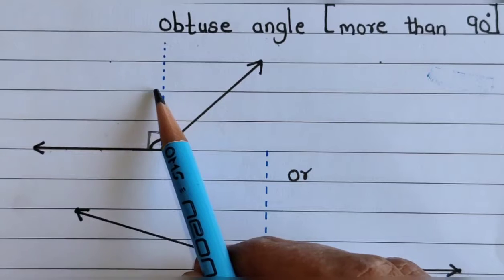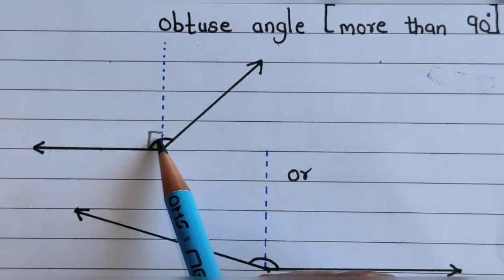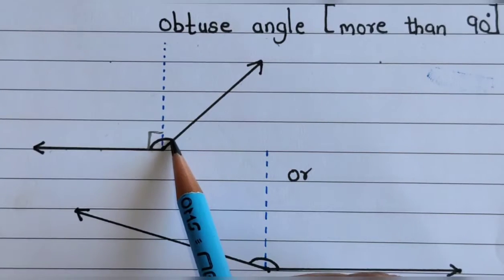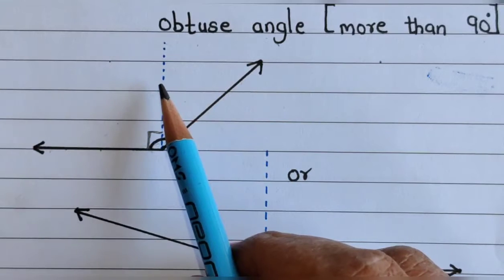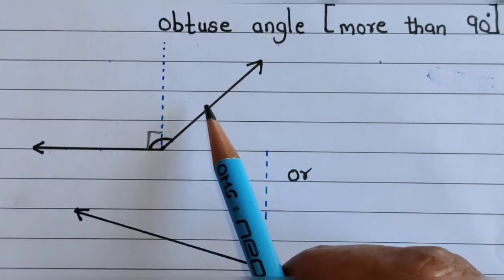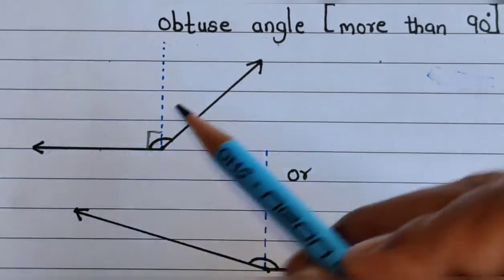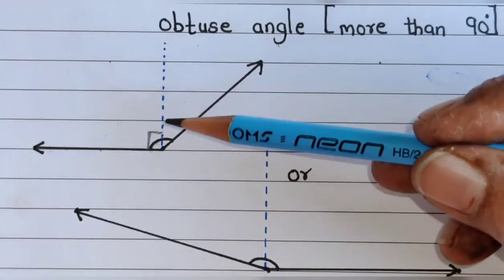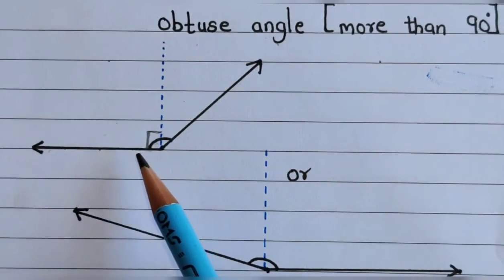It has gone beyond 90, this angle has crossed 90 and went ahead. So when the arm is crossing this imaginary 90, we can guess that this is an obtuse angle. In an obtuse angle, the 90-degree imaginary arm comes in between the given angle.